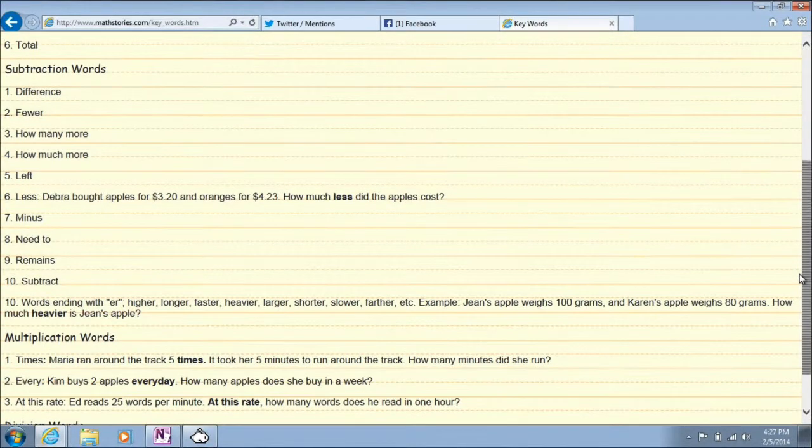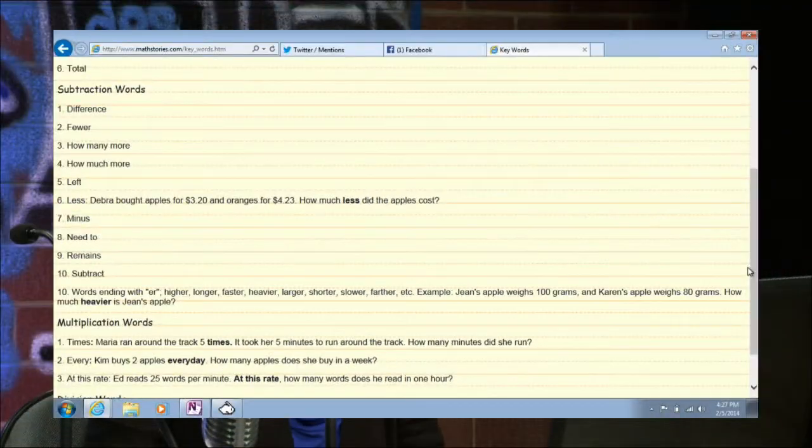When it comes to subtracting, difference is the biggest. If you're finding how much more something is than the other thing, how much is left, how much remains, or how many more, or how far is it between these two things, then subtraction is usually the case.